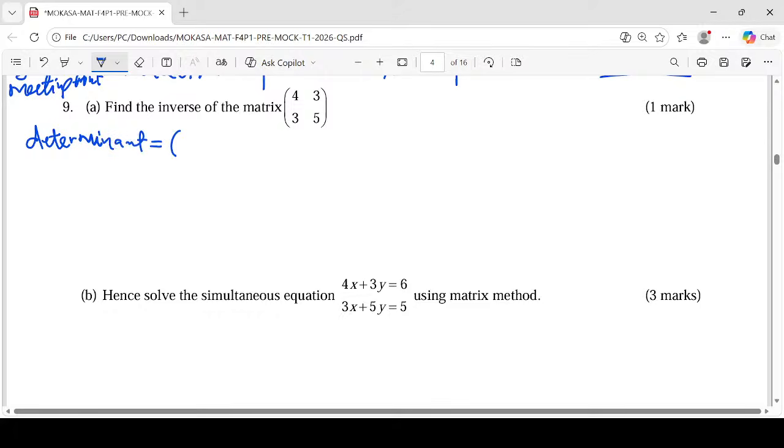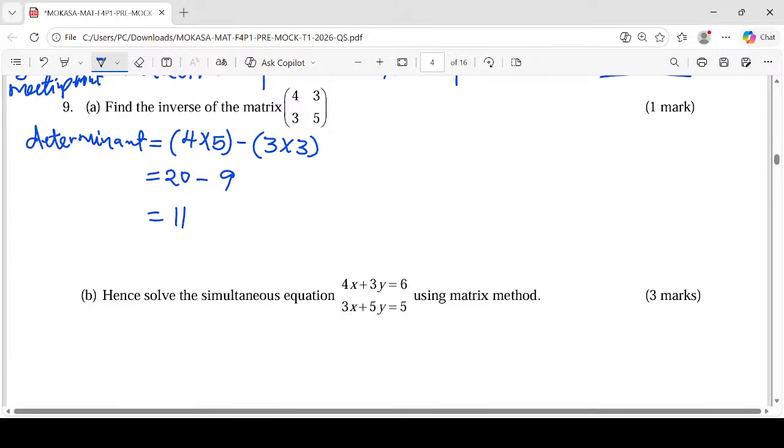The product of elements in the main diagonal, that is 4 multiplied by 5, minus the product of elements in the minor diagonal, 3 multiplied by 3. So 4 by 5 gives you 20, then 3 by 3 gives you 9. 20 minus 9, you get 11. So our determinant is 11.